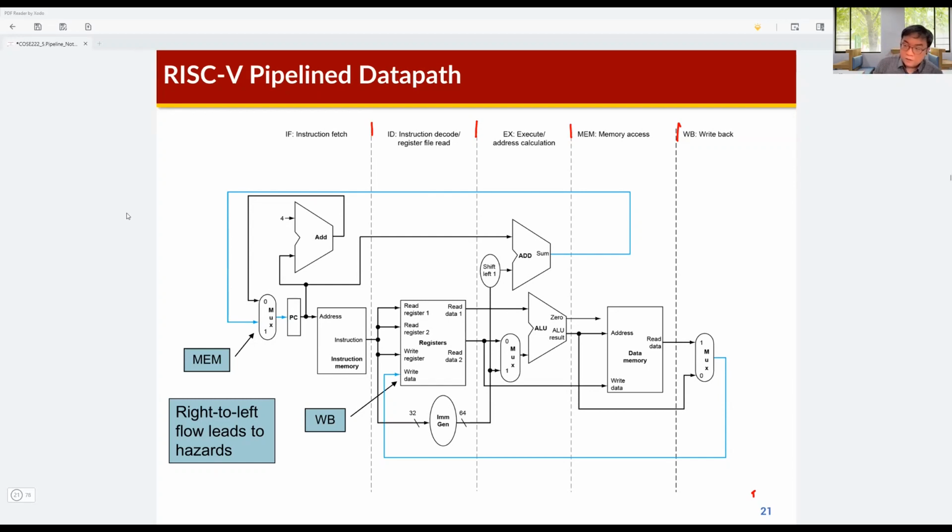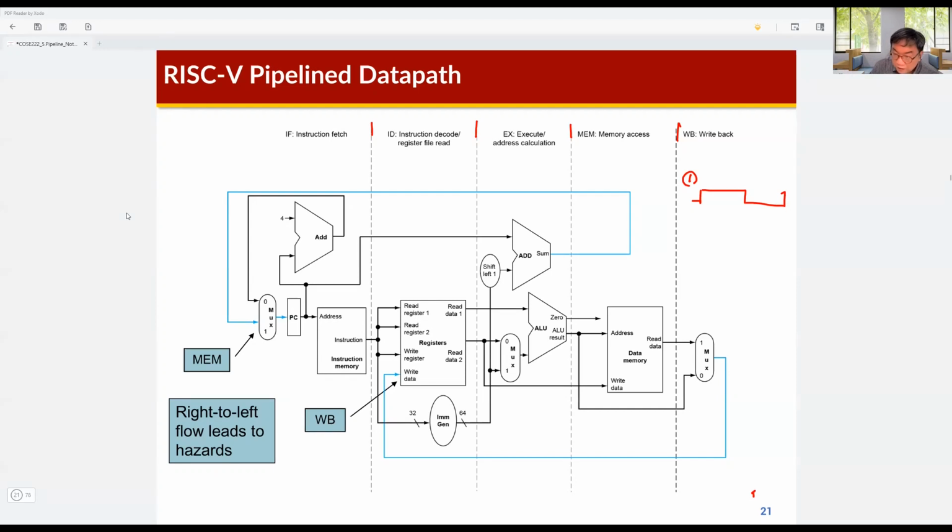So what is a single cycle processor? Within one clock period, these 5 steps of executing an instruction are performed.